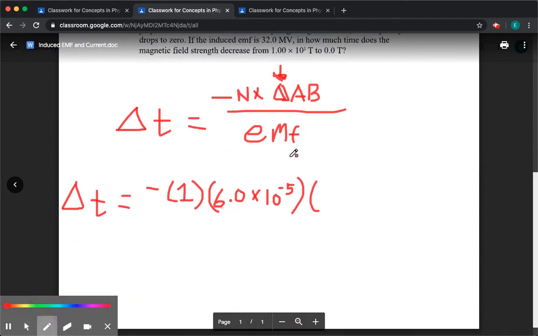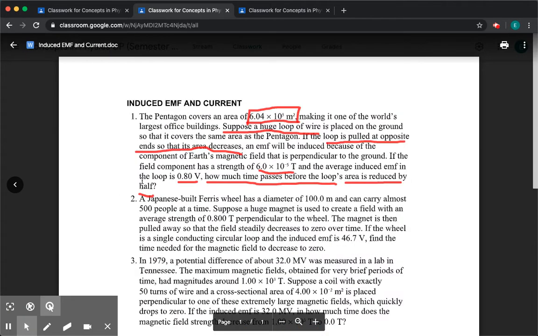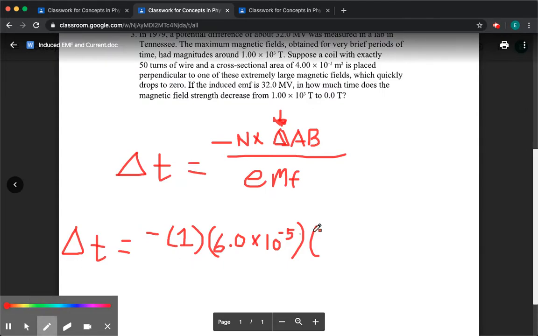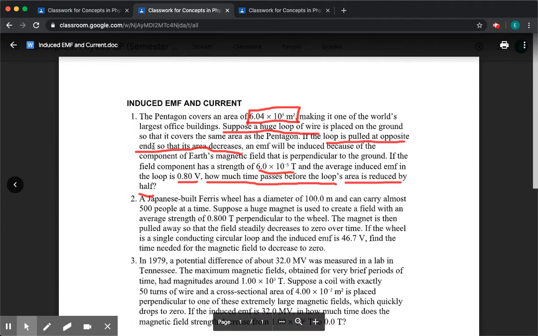So for change in area, your final is going to be half of this. If you divide that by 2, you get 3.02 times 10 to the fifth. That is 10 to the fifth, correct? Yes.